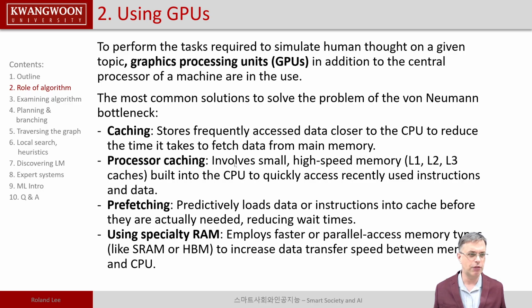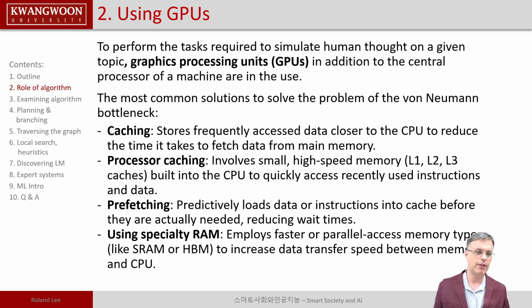So processor caching involves small, high-speed memory, so L1, L2, and L3 caches built into the CPU to quickly access recently used instructions and data. The next step in making processors work faster is to guess which data the application will require next and load it into the cache before the application requires it.